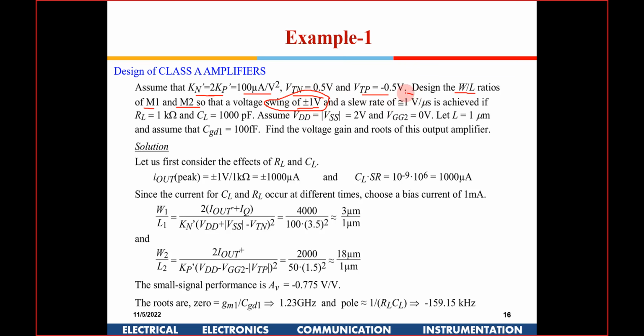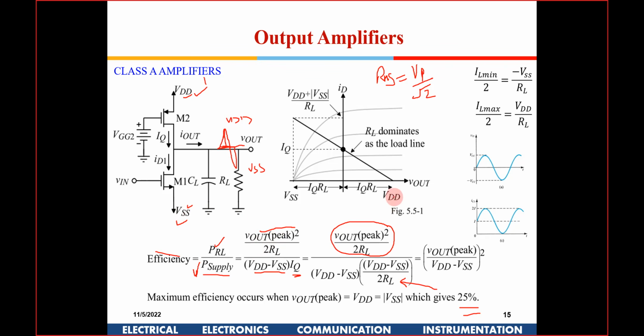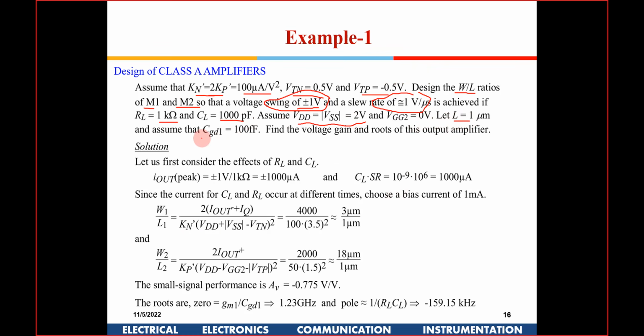The slew rate is given here, and RL and CL are given. VDD is 2 volt and mod of VSS is 2 volt, that means minus 2 volt will be given at the bottom. L is given, CGD is given. Find the voltage gain and roots.